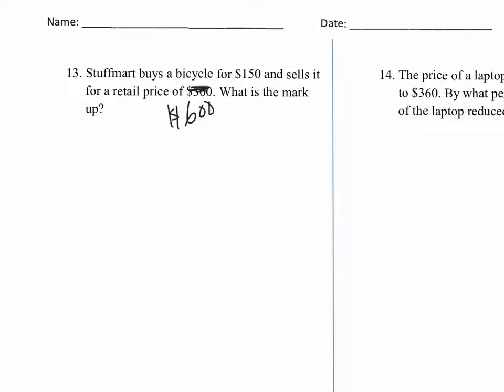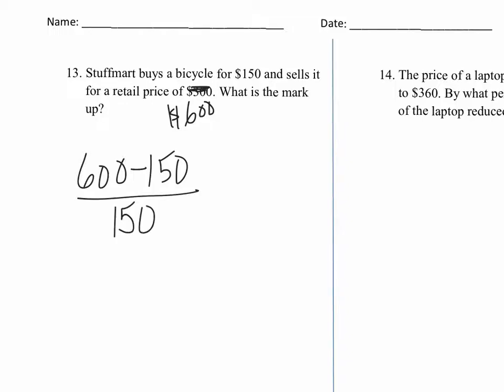Stuff Mart buys a bicycle for $150 and sells it for a retail price of $600. What is the markup? You have to find the change, the difference between the $600 and the $150. Put it over the original, what the company paid or what Stuff Mart paid for the bike.